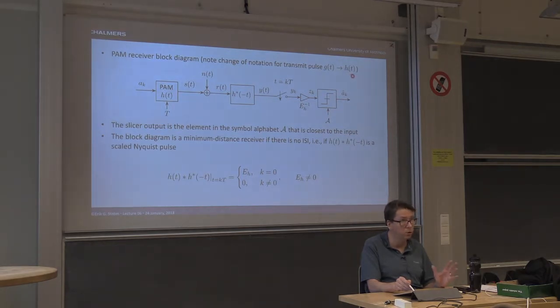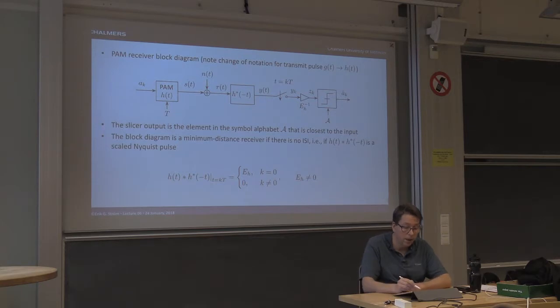So from now on, we would think of the transmitted pulse to be H. And then we say that the receiver filter should be matched to what we transmit, so it should be H conjugate of negative T. That's the receiver filter impulse response. And then we get an output Y. We sample that once every T seconds, and then we get Y_k, as we did before.